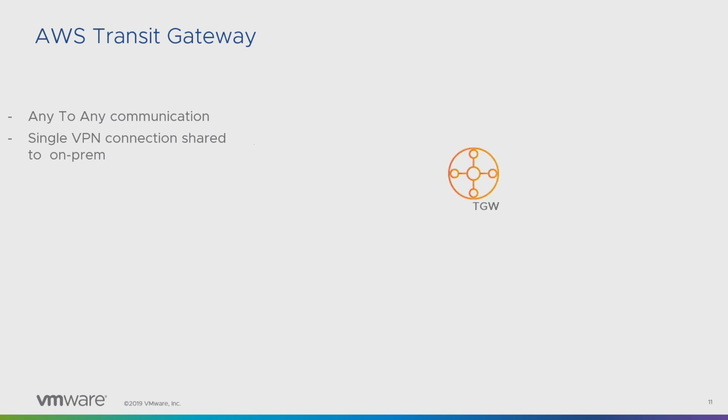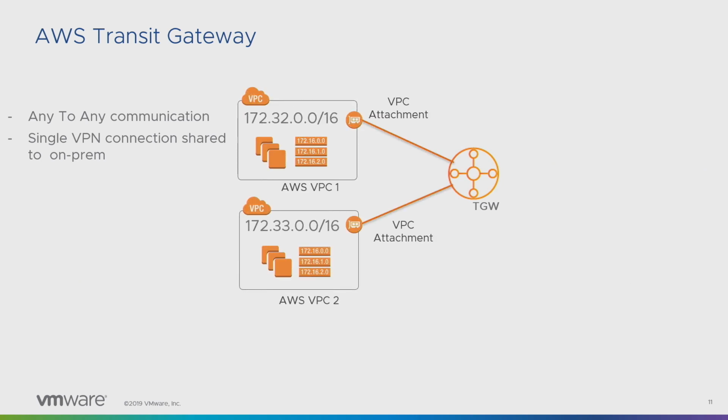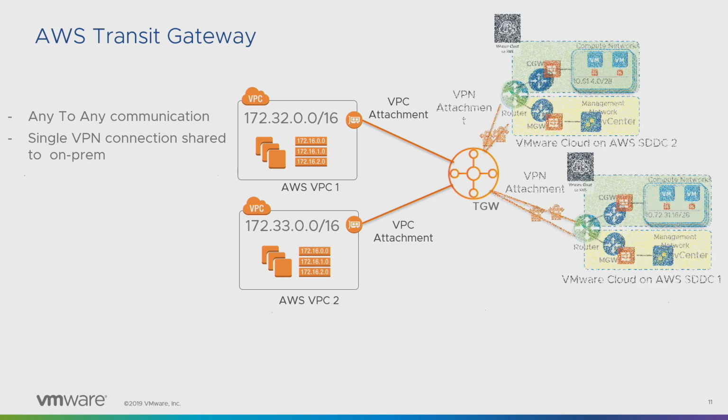So in this example, customer will say deploys a Transit Gateway. Now they connect Leaf AWS VPCs to this, okay? And they can also use VPN attachments here to connect the VMware Cloud on AWS SDDCs. Okay, so now just with this, you could see I have this kind of any-to-any communication.